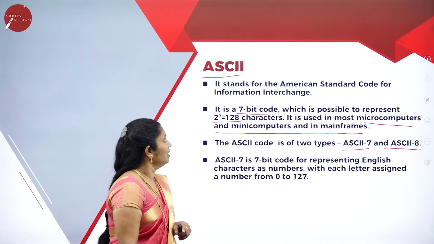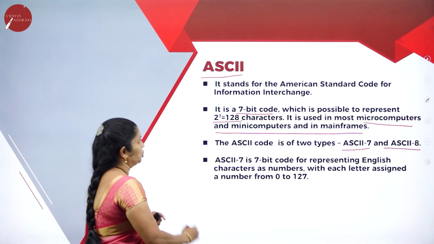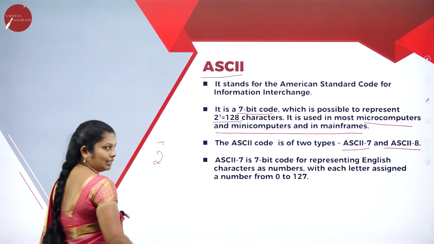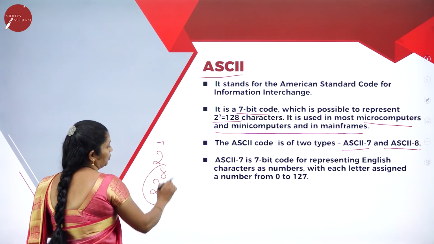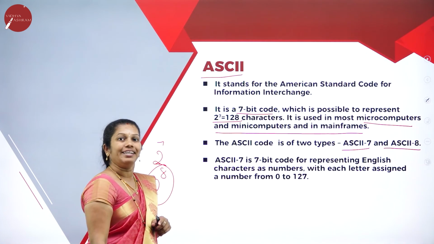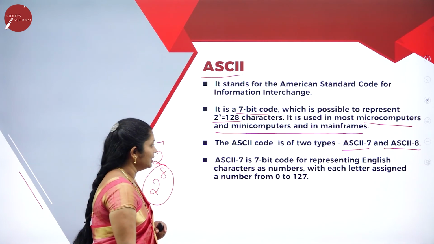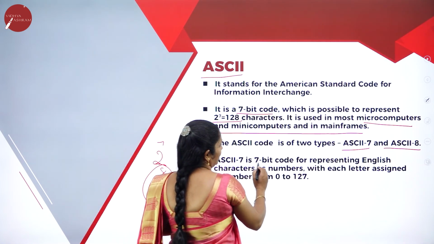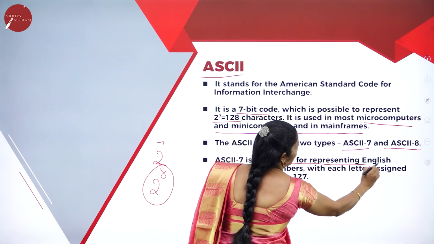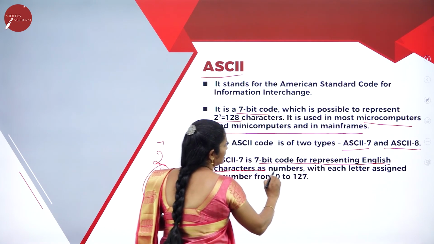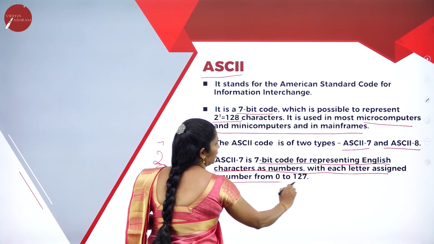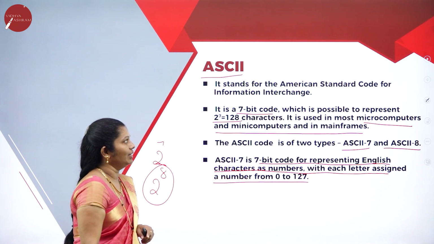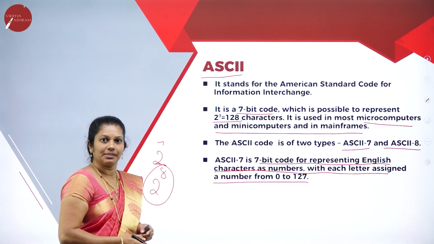In ASCII 7, they can represent 2 to the power of 7 different characters, whereas in ASCII 8, 2 to the power of 8 different characters can be represented. ASCII 7 is a 7-bit code for representing English characters as numbers, with each letter assigned a number from 0 to 127.